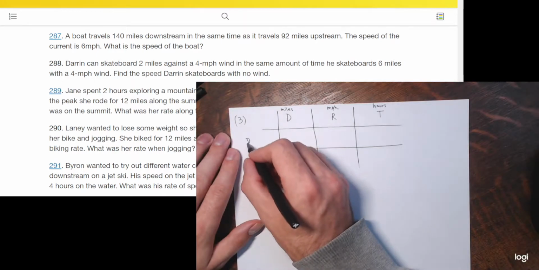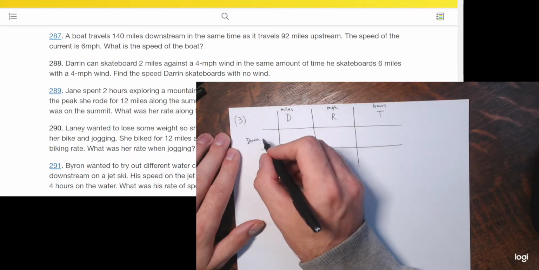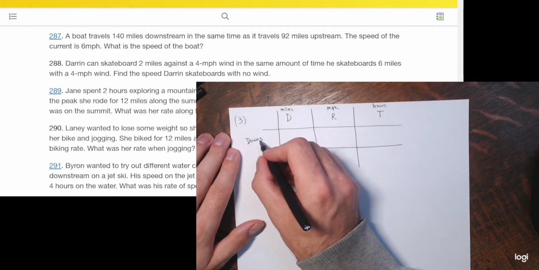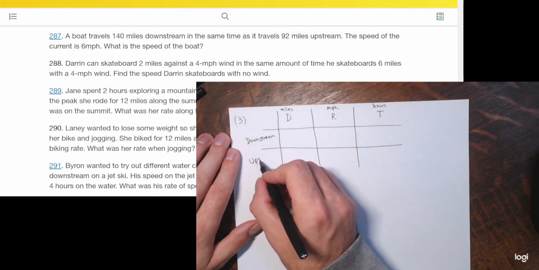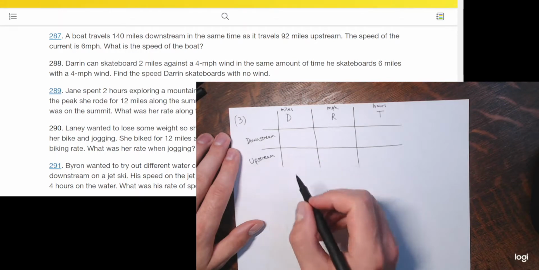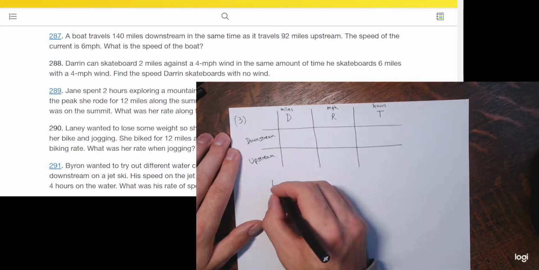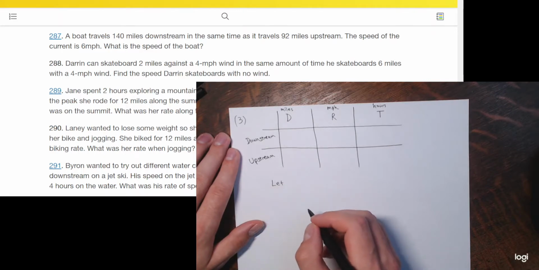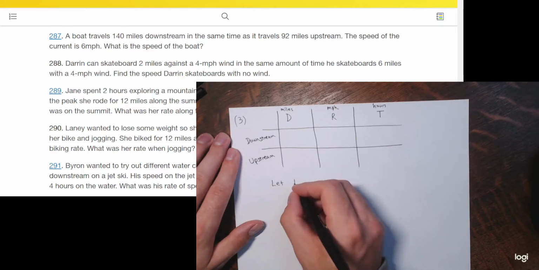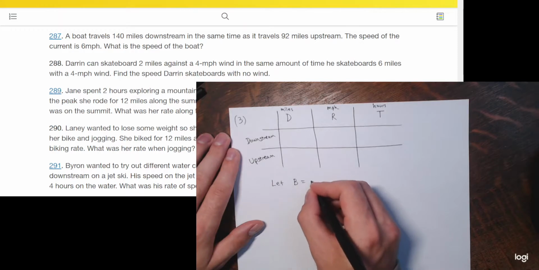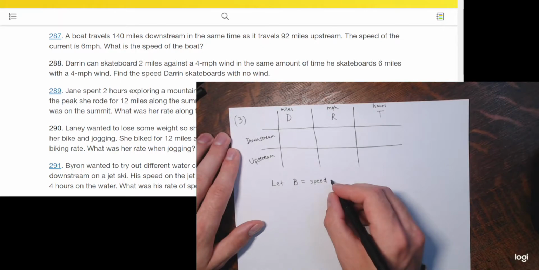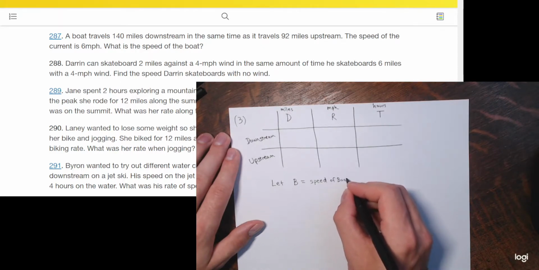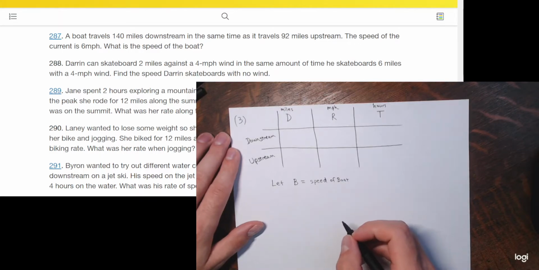One going downstream, the boat going with the water, with the current. And then the other trip upstream, which is against the current. And they're asking me to find the speed of the boat. I'll use the letter B to represent the speed of the boat, which will be in miles per hour. All the rates here are given to me in miles per hour. I'm just using B for boat. You can use whatever you want.